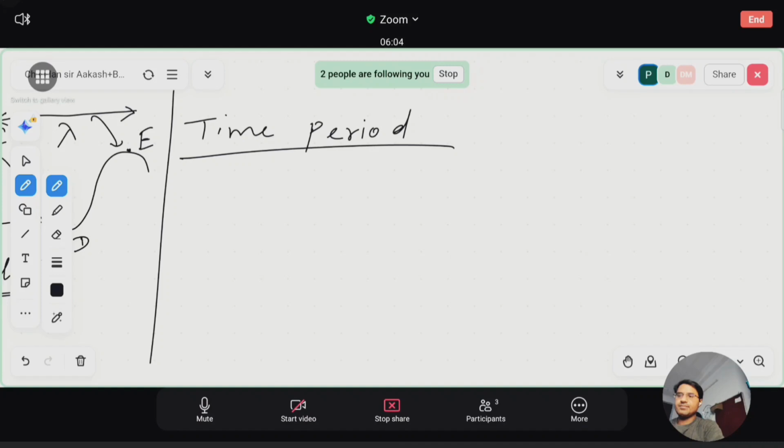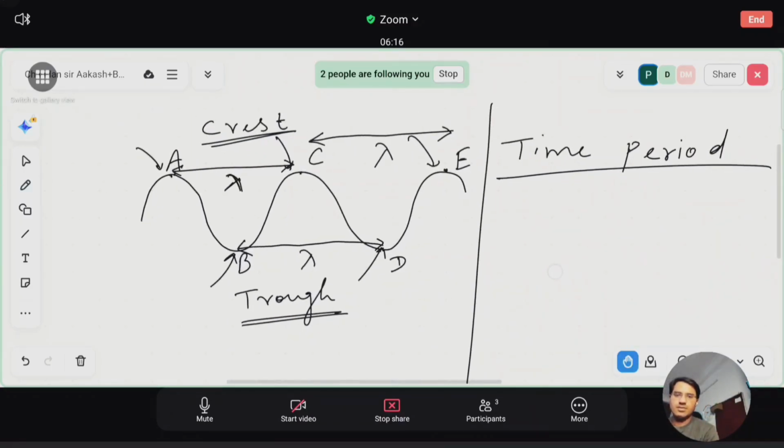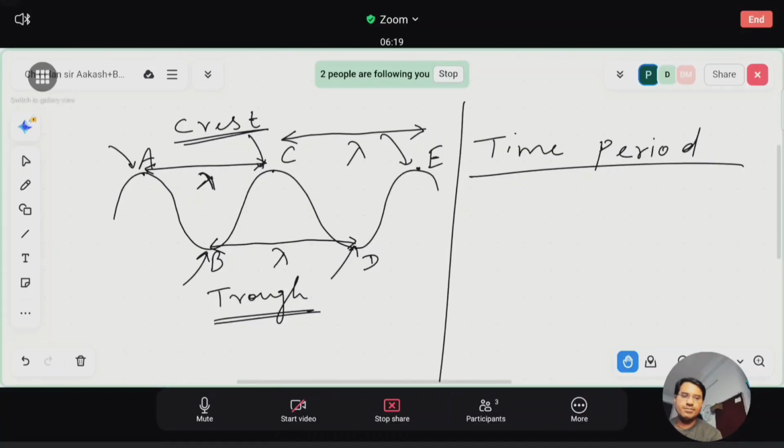Yes. What do you think? Deepak, anything related to time period, you know? No, I don't really know. Is time period the time it takes for a wave to produce a complete wave? Yes, you are almost right.